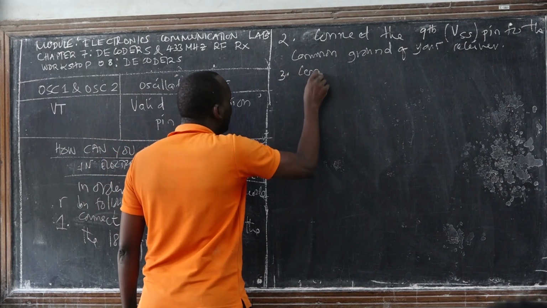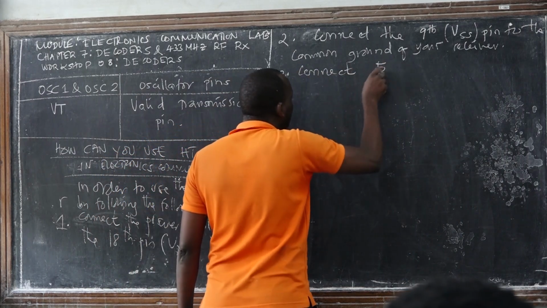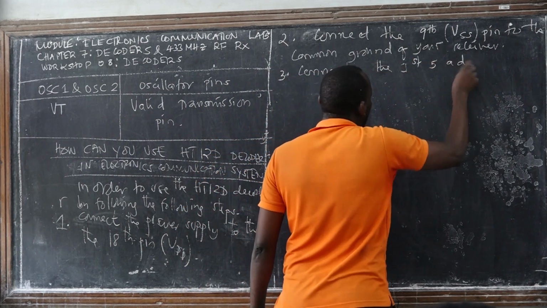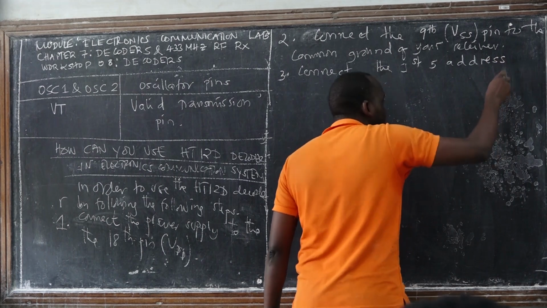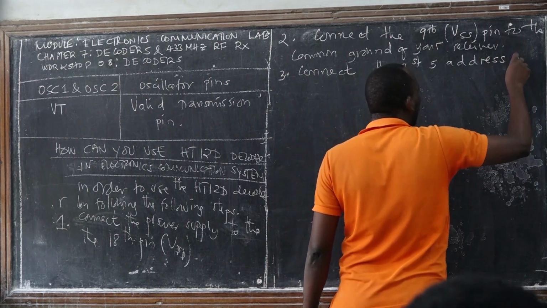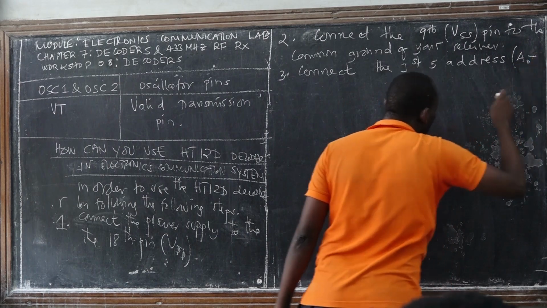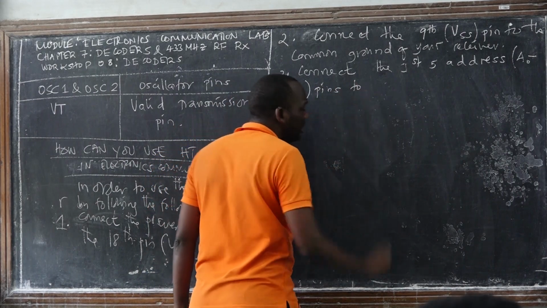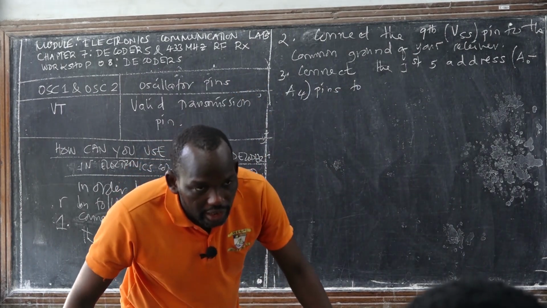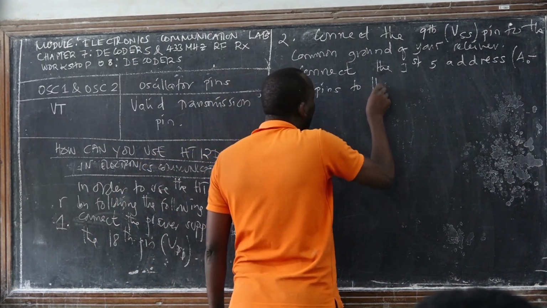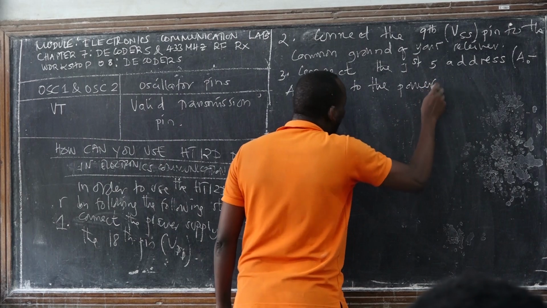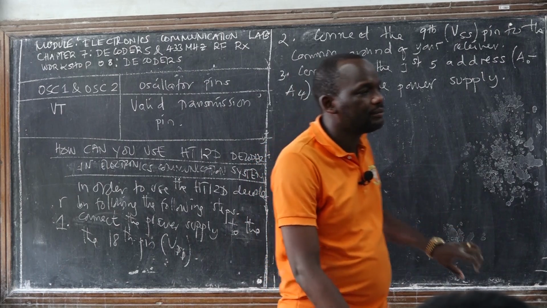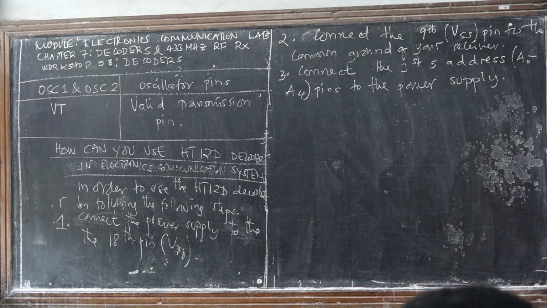So you say connect the first 5 address pins, which means A0 to A4 pins. Connect them to the power supply. Say power supply. Remember that, hello, stop writing.